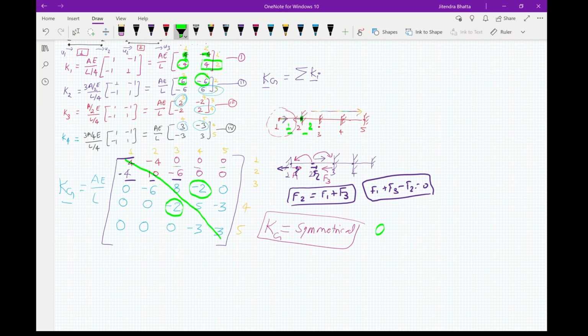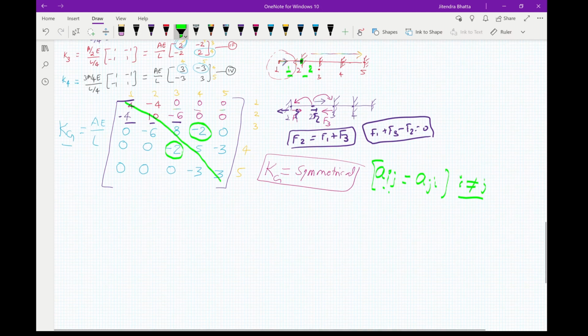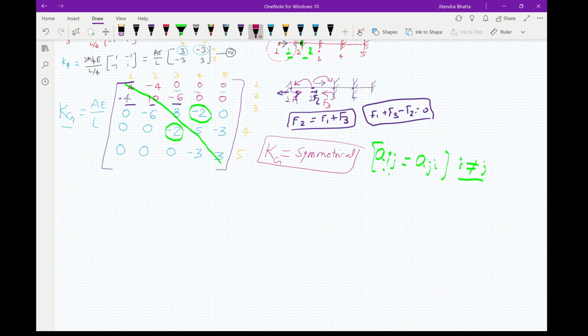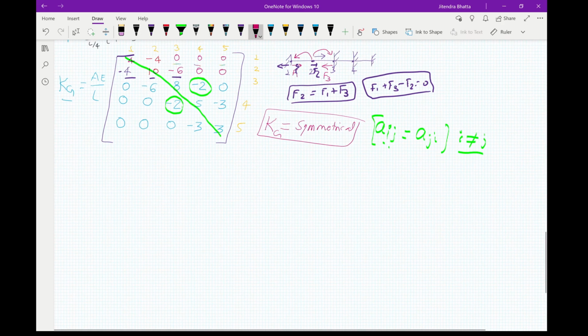So symmetric means you have your element Aij, which is row i, column j, equals Aji for i not equal to j, because i equals j will be your principal diagonal. So this is your stiffness matrix.